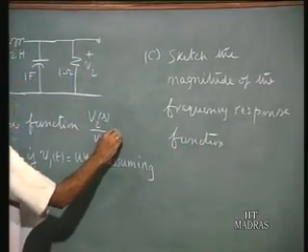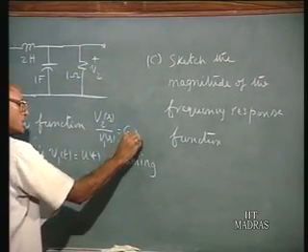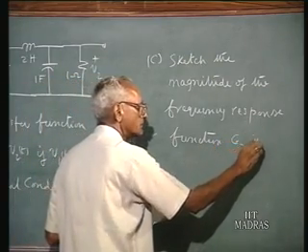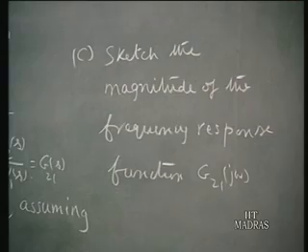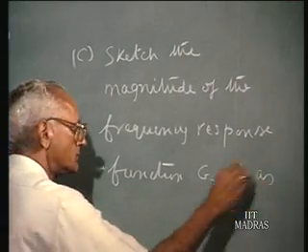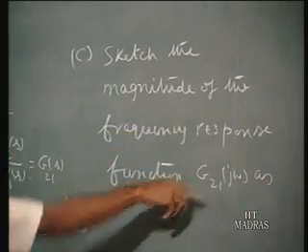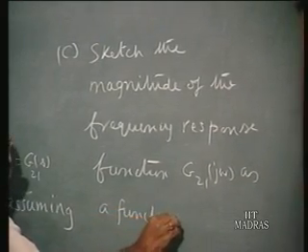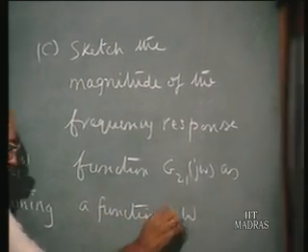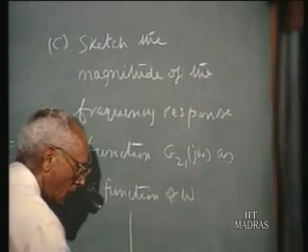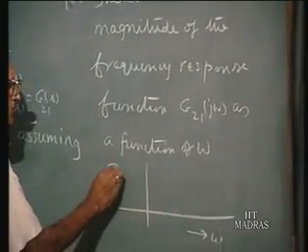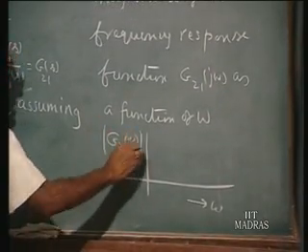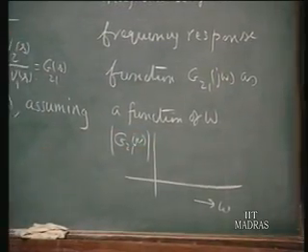This V2 of S by V1 of S, I will call that G21 of S. So, response function G21 j omega as a function of omega, magnitude of the frequency response function as a function of omega. That is, in other words, you have to plot the magnitude of G21 j omega as a function of omega, whatever curve you get.